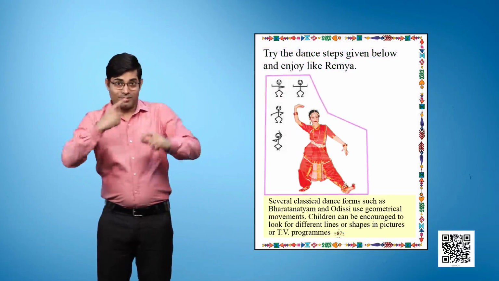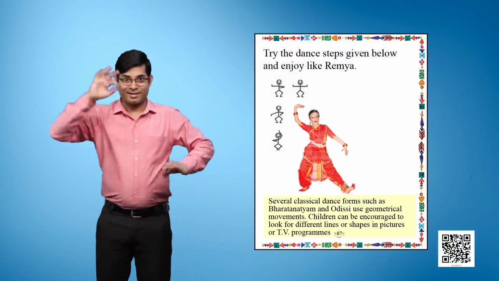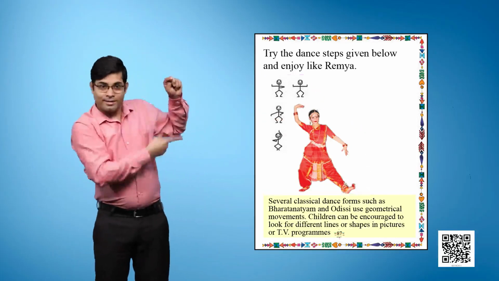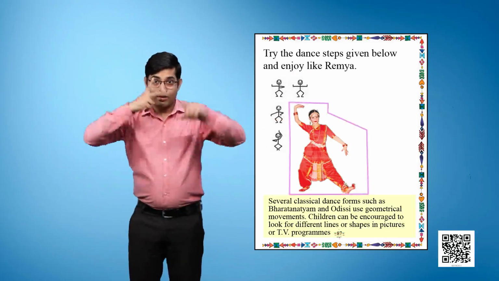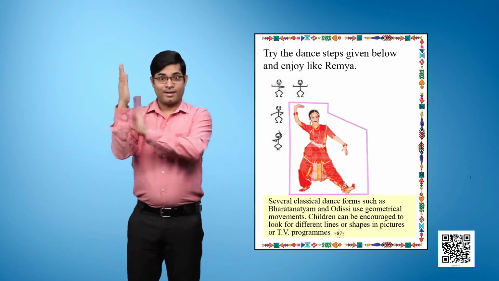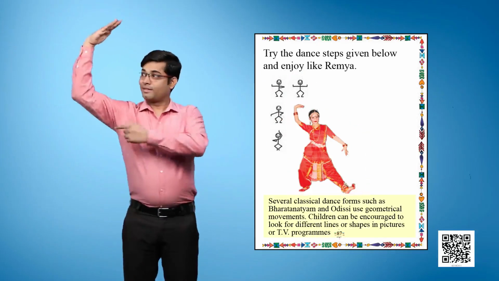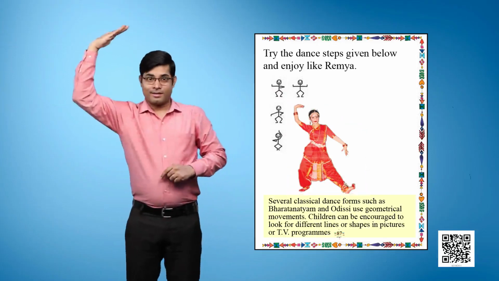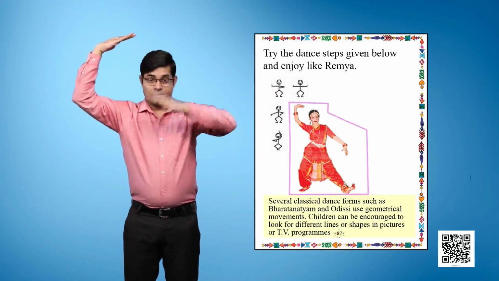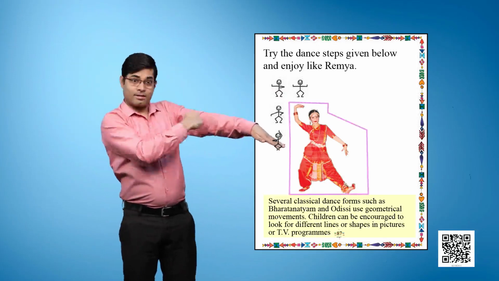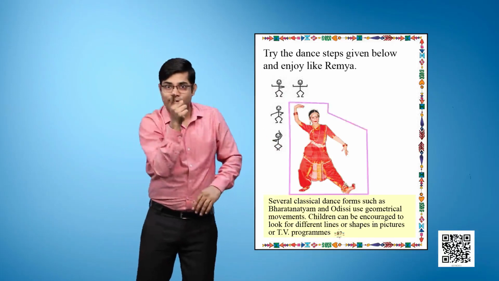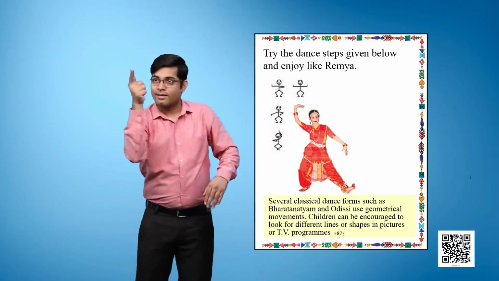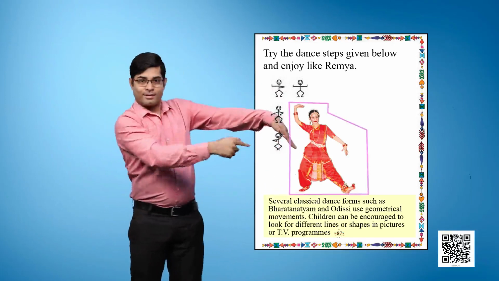There are 5 pictures showing 5 dance postures. In picture 1, the left arm of the dancer is upward and in curved position, with palm bent towards the head. The right arm is slanting downward, little away from the body, and hand is bent at the wrist towards ground.